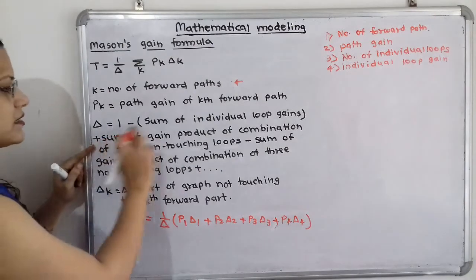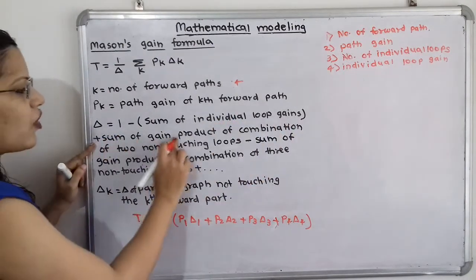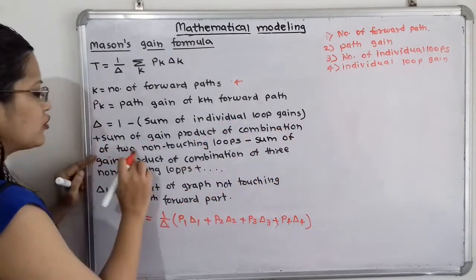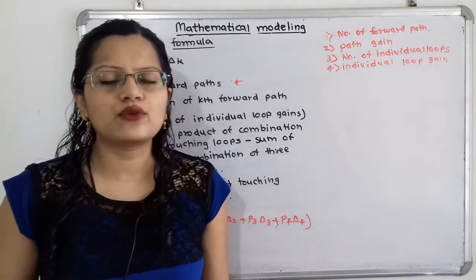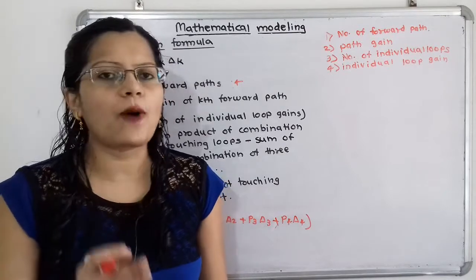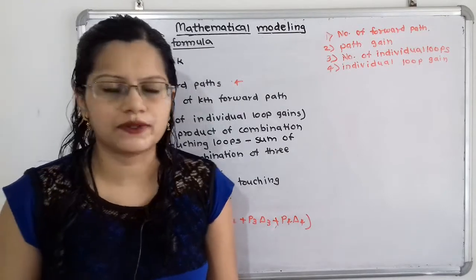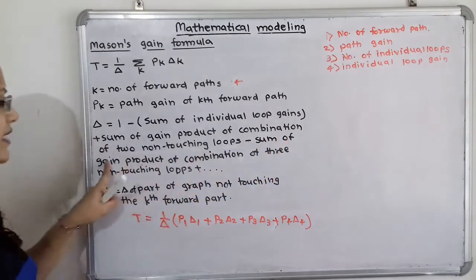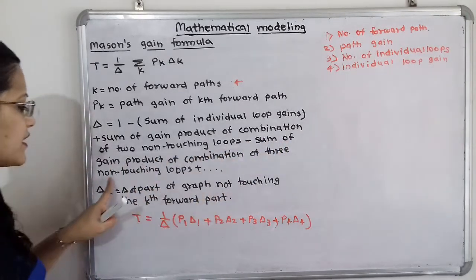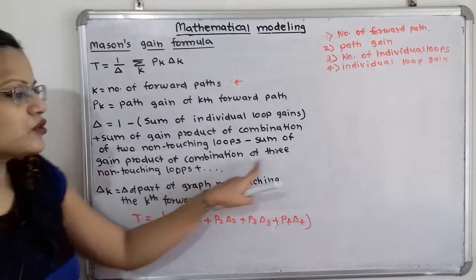Then next is plus the sum of gain products of combinations of two non-touching loops. So here also we have to take the gain product of combinations of two non-touching loops. If we move next, again there is a minus sign, the sum of gain products of combinations of three non-touching loops, plus and so on.